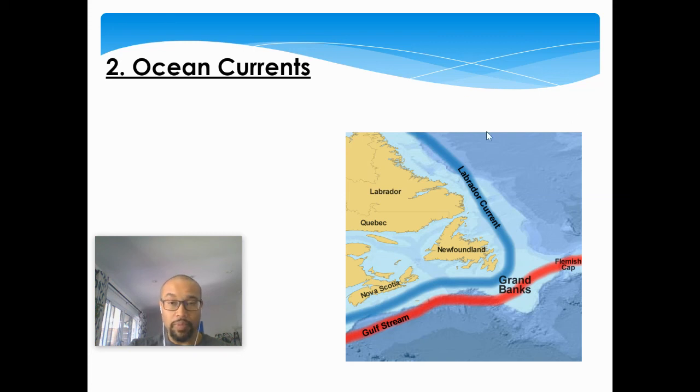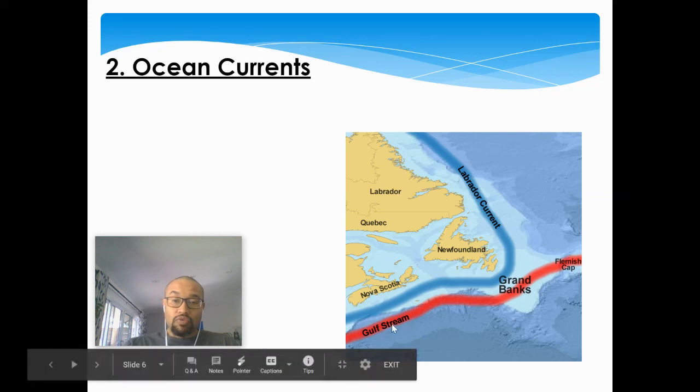For example, if we look at the east coast of Canada and compare it to the west coast of Canada, parts of southern BC are actually at the same latitude as parts of Newfoundland. And they have vastly different climates. So latitude isn't the only factor here. Ocean currents play a major role.